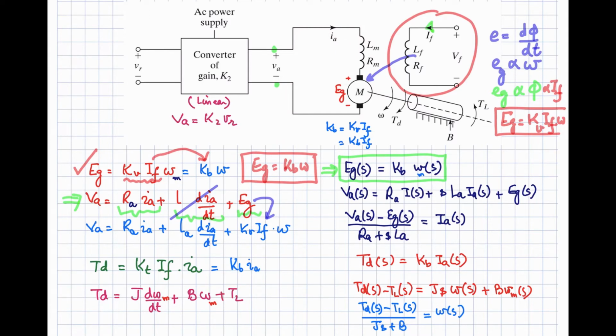If your If is kept constant, we can consider it as a constant, and the induced torque will be equal to Kb into Ia. And finally the mechanical equation: the developed torque must be equal to this one.